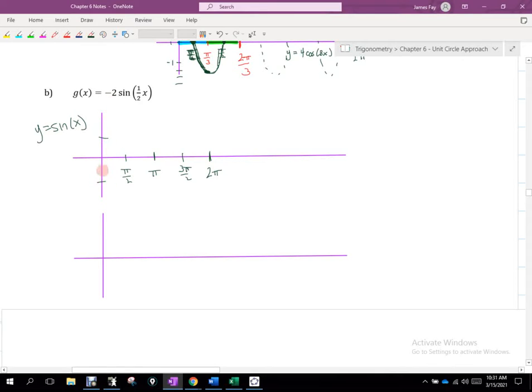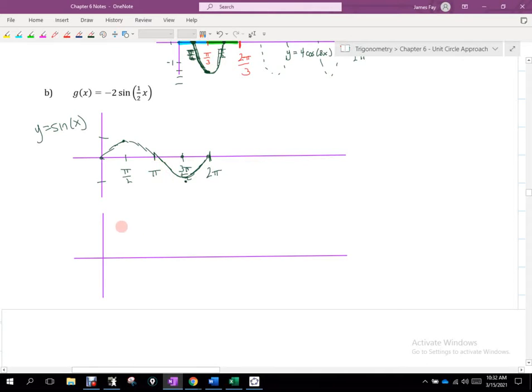Let's go 1, negative 1. I totally messed that up. The sine function is going to look like that.